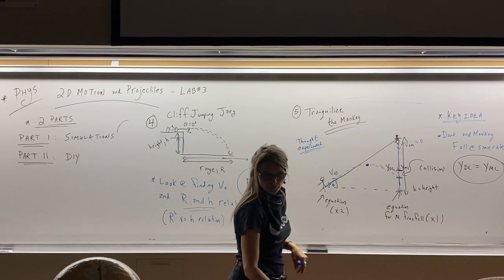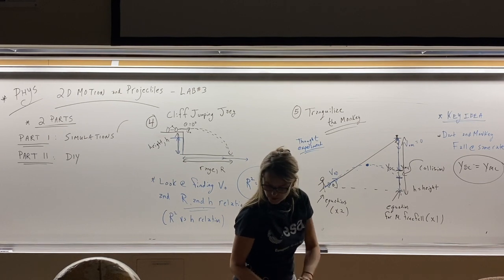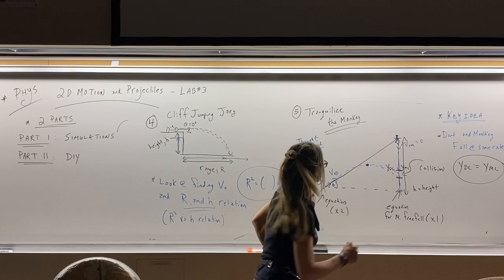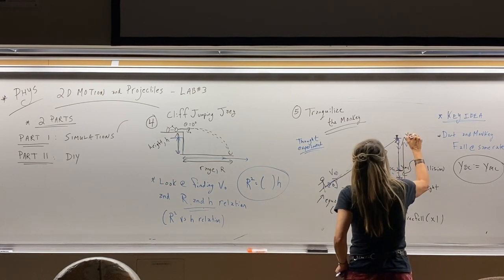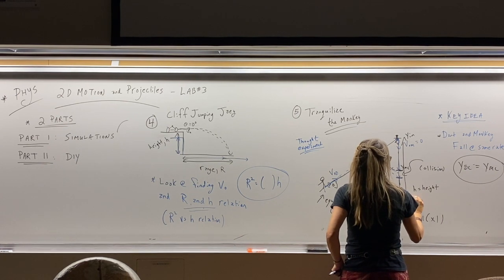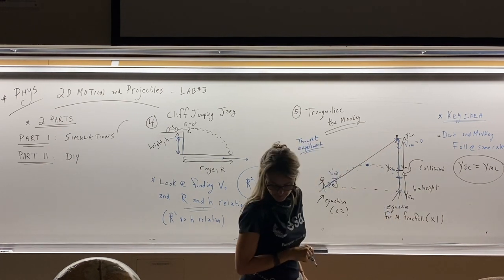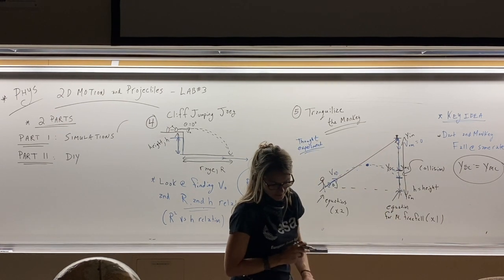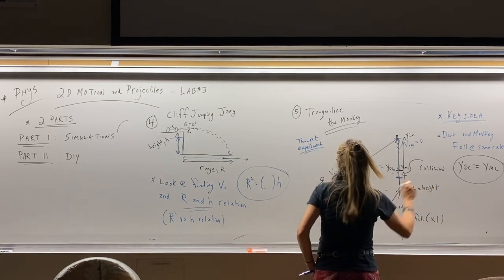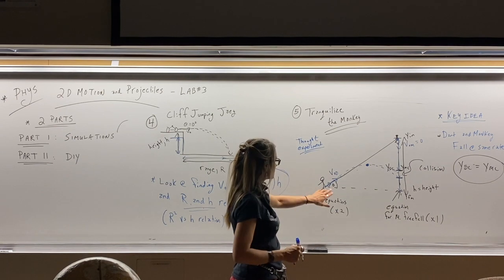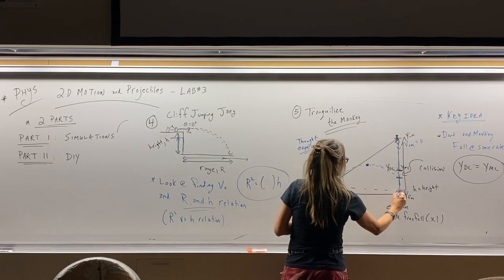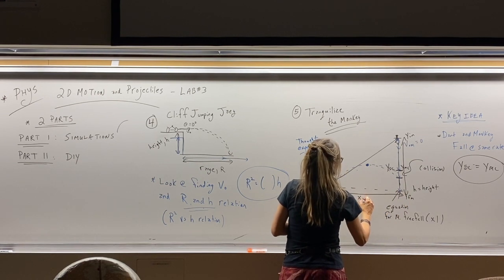Just to double check my notation, I call this Y initial monkey and Y final monkey. I label these 3 positions, and you use your kinematic equations to say that these 2 are equal. Now, one other thing you have to note is that this position across here is the range of the dart.